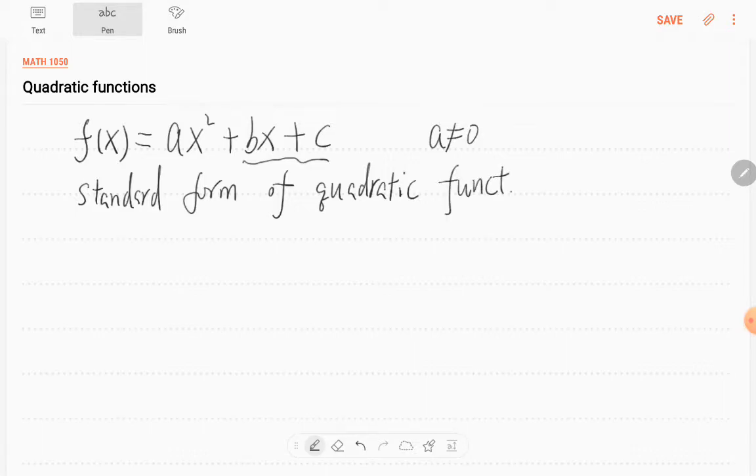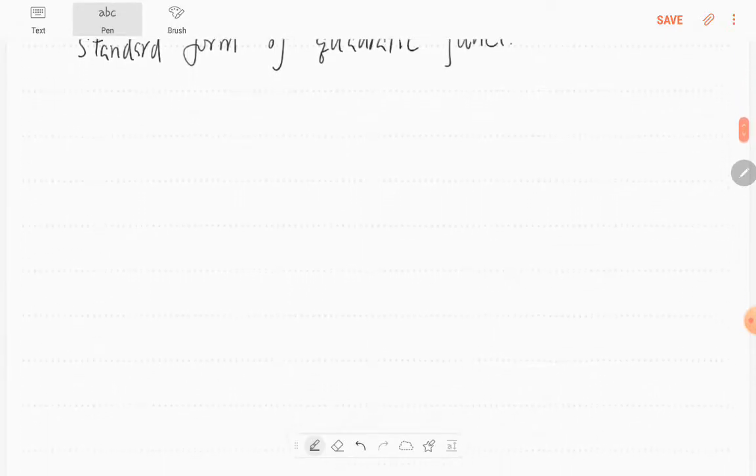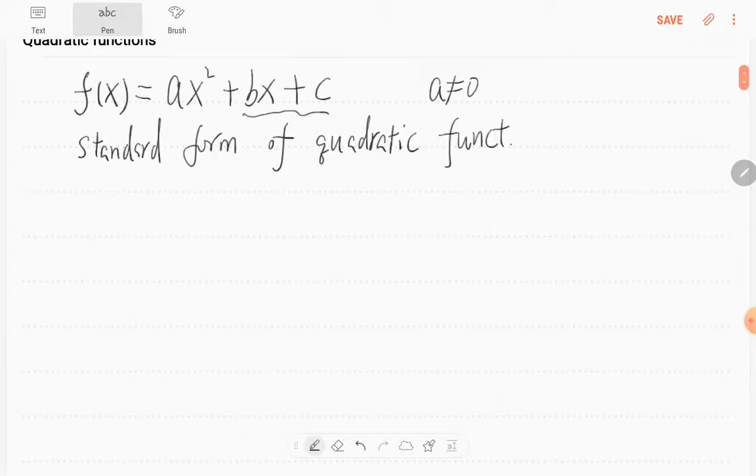So if you have a quadratic function, what is the graph of the quadratic function? We know that the square function is a very special quadratic function, f of x equals x squared, right?